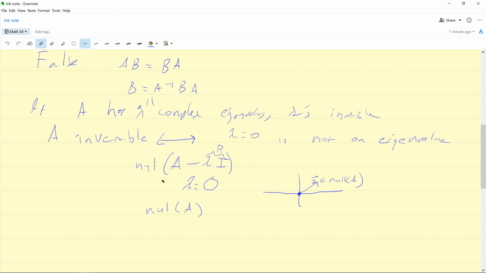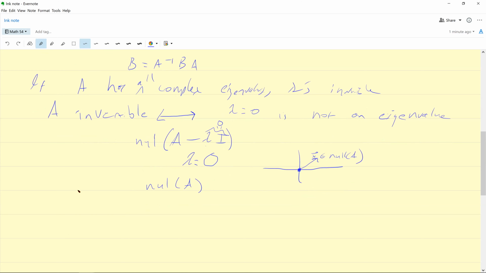I have a question about diagonalizability. Does there have to be n distinct eigenvalues? There doesn't have to be n distinct eigenvalues, right?